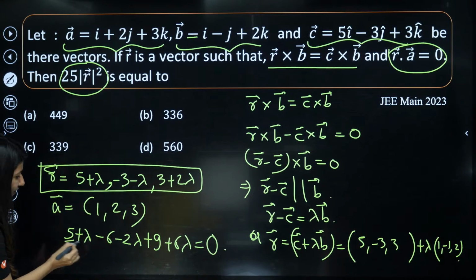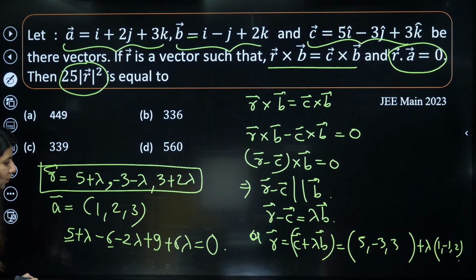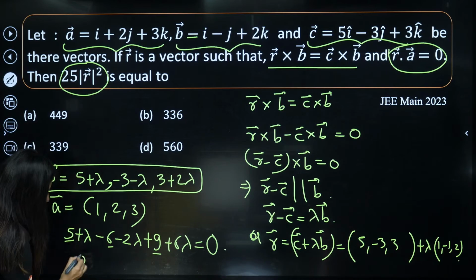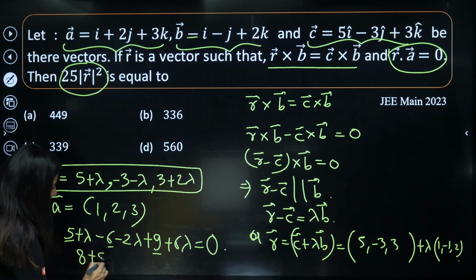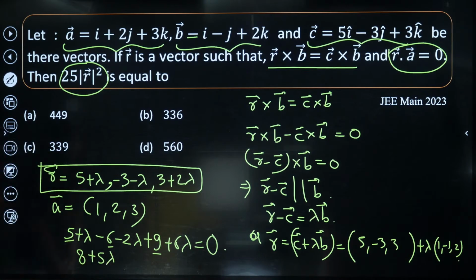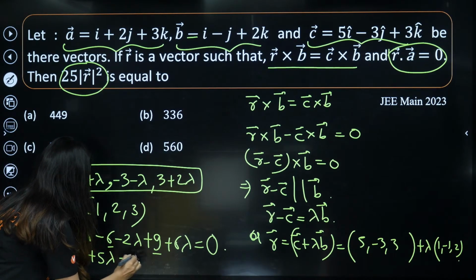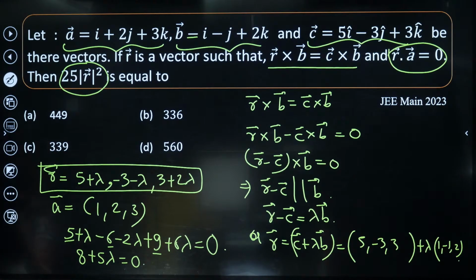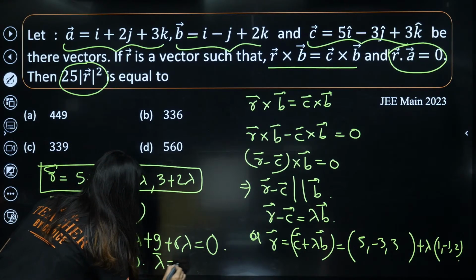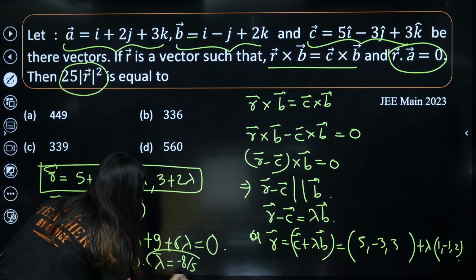So 5 minus 6 is minus 1, minus 1 plus 9... plus 5 lambda is equal to 0. What is the value of lambda? Minus 8 by 5, right? So the value of lambda is coming out as minus 8 by 5.